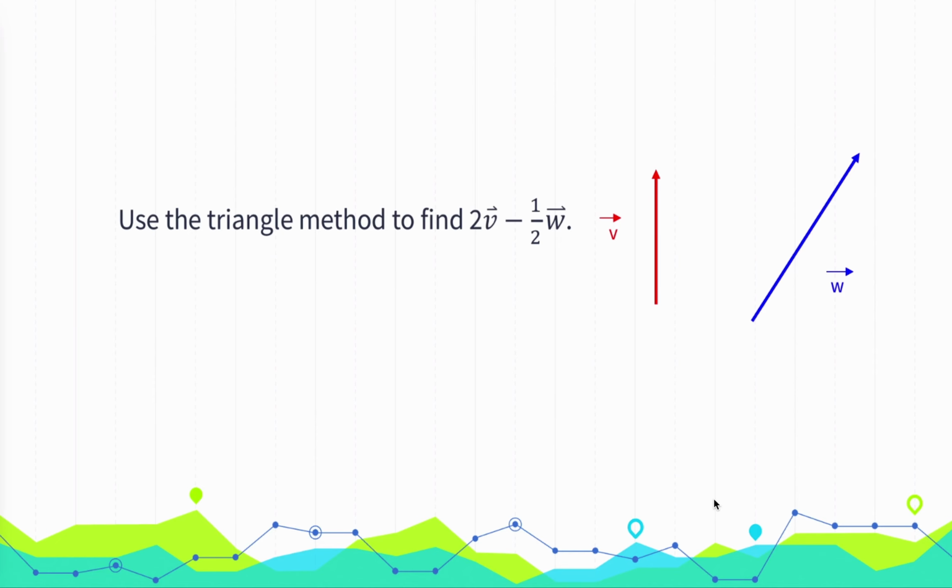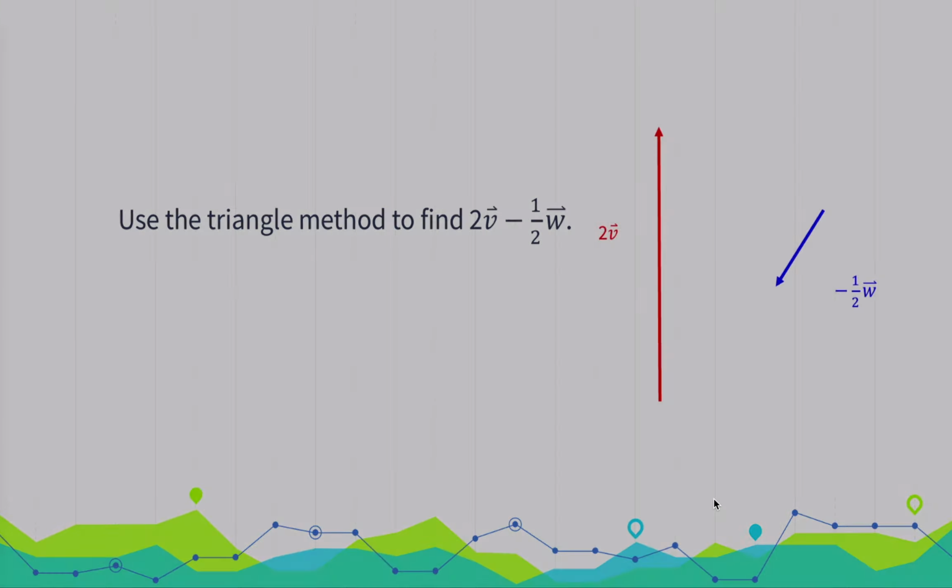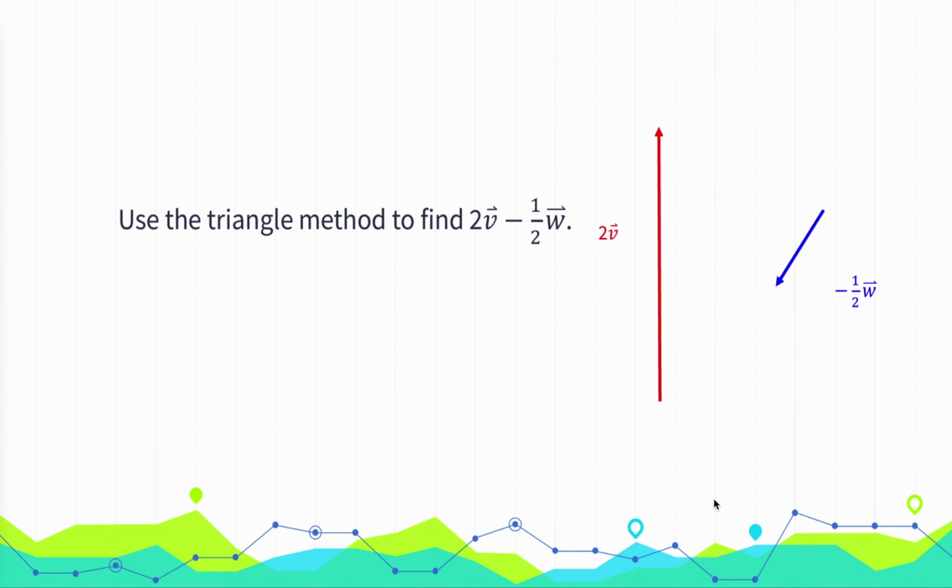So use the triangle method to find 2v minus 1/2 w. If this is vector v, then 2v is going to be in the same direction, but twice as long. If this is w, negative 1/2 w is going to be half as long and in the opposite direction.